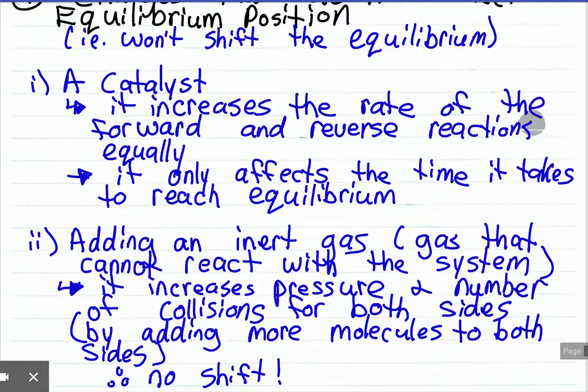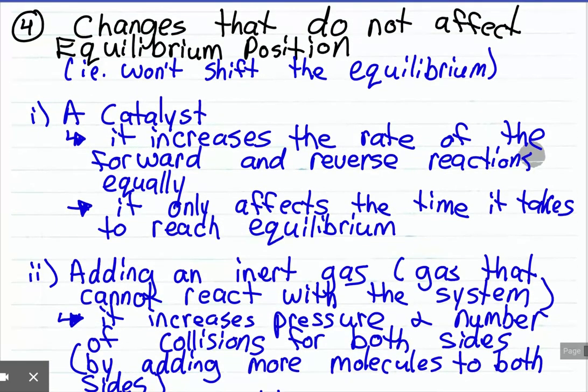A catalyst increases the rate of the forward reaction and the reverse reaction equally. So a catalyst has no impact on the position of equilibrium. The only thing it does is affect the time it takes to reach the equilibrium. So adding a catalyst is not a stressor that will cause a shift and change in concentration.